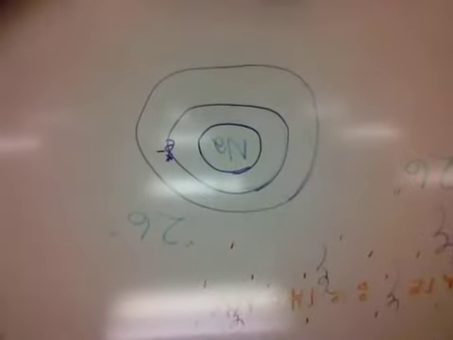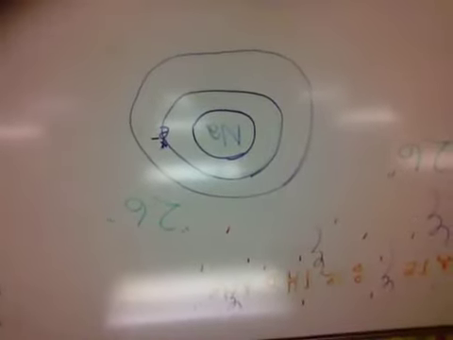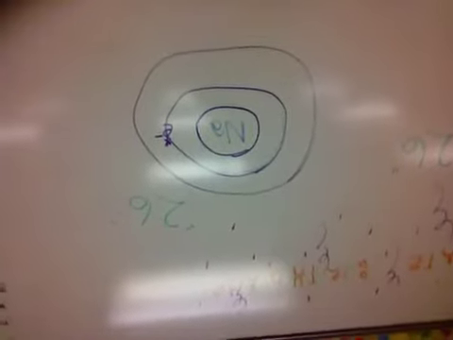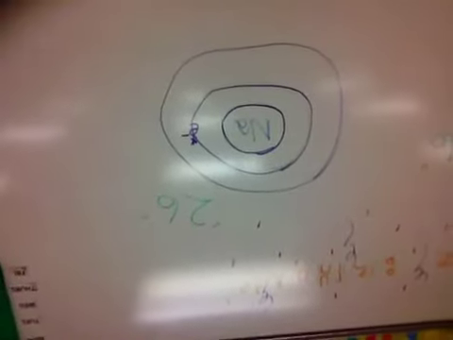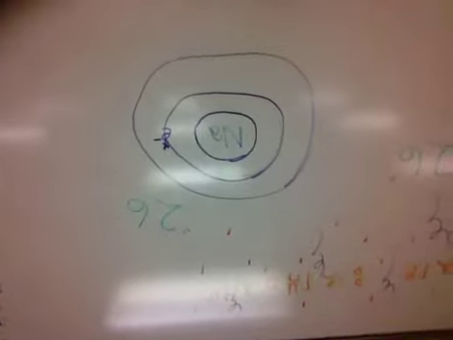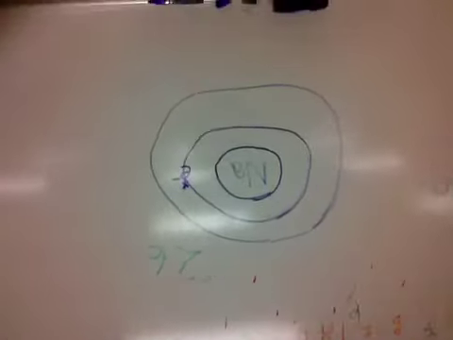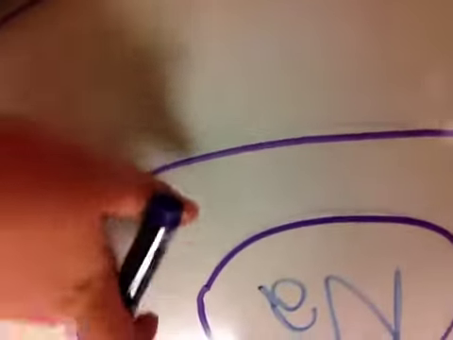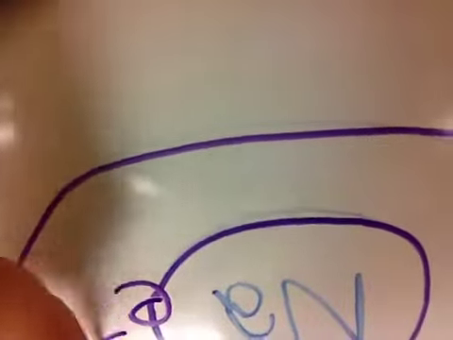Now, can that electron emit that energy and go back to the first level? Let me ask that question again. Can that electron lose that energy that it just gained and go back to where it came from? It absolutely can. So if I want to do that, I'm just going to do the opposite of what I just did. Let's say this electron loses that amount of energy.